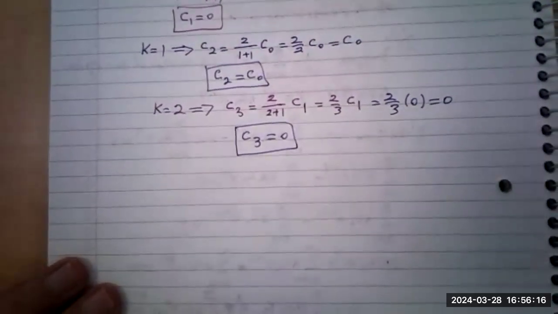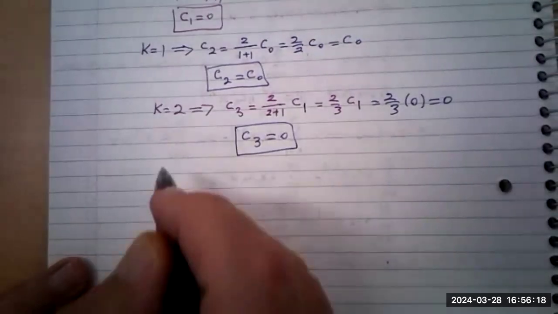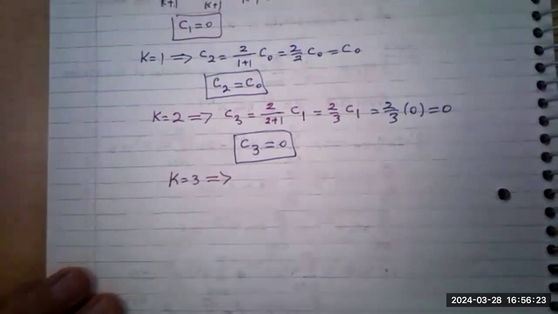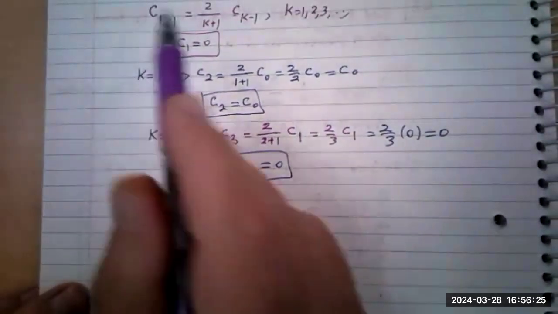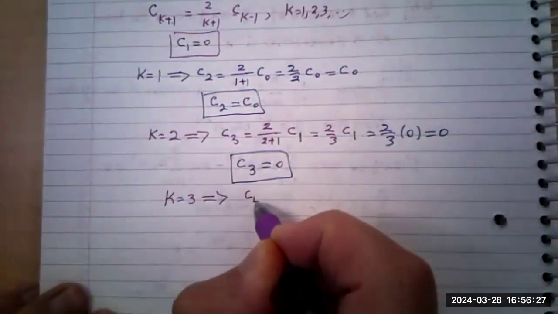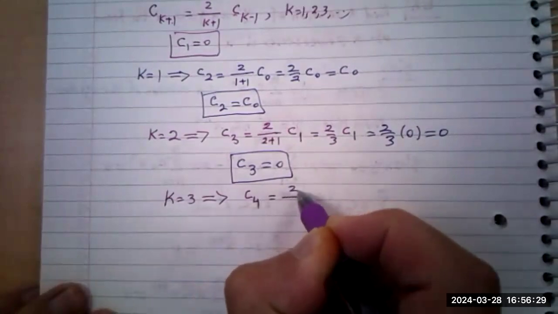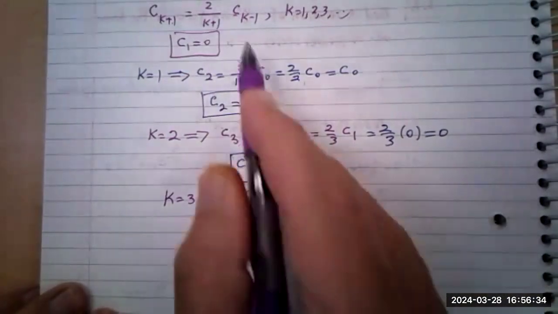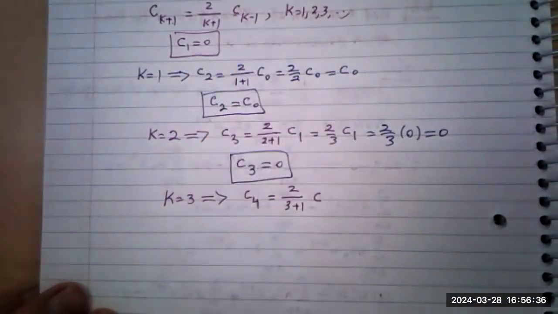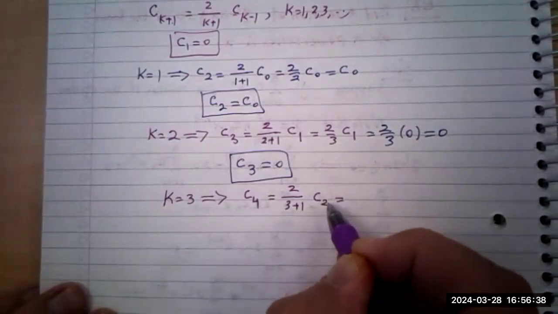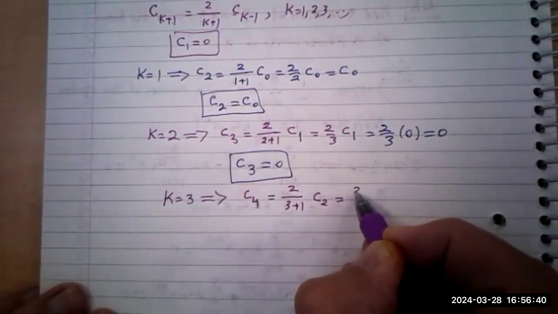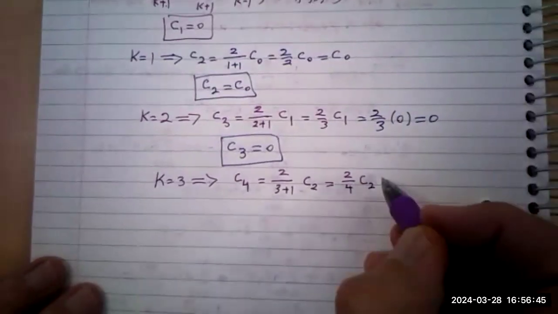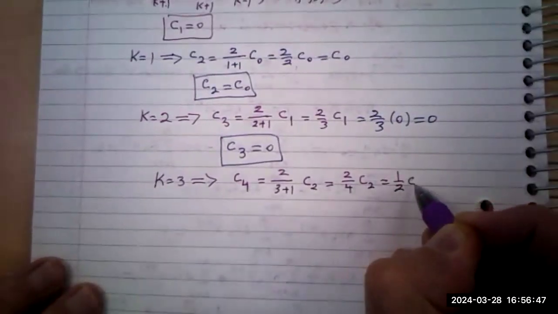Okay, any question? So let's try another one. k equal to 3. If you put k equal to 3 here, that gives you C4. C4 is equal to 2 over 3 plus 1, times C of 3 minus 1, which is C2. So that gives you 2 over 4 times C2, which is 1/2 of C2.